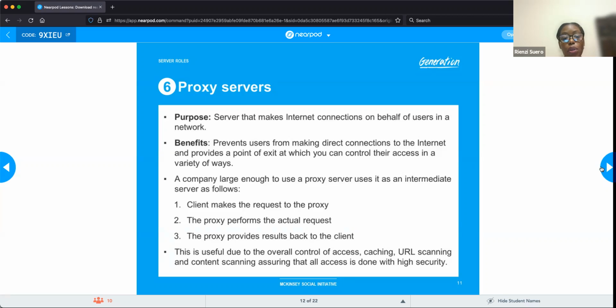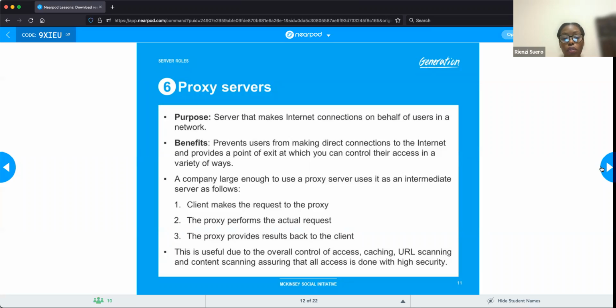Client makes the request to the proxy. 2. The proxy performs the actual request. 3. The proxy provides results back to the client. This is useful due to the overall control of access, caching, URL scanning, and content scanning, assuring that all access is done with high security.